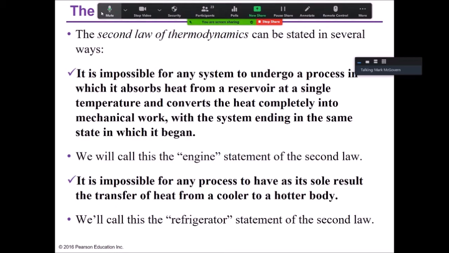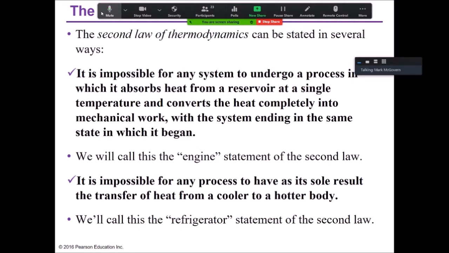Now, the fact that you can't have heat flow spontaneously from a cold reservoir to a hot reservoir also implies this other statement here, that you cannot take heat out of a system and have all of that energy being turned into work with no other energy being lost or used up in any way, and the system remains the same.